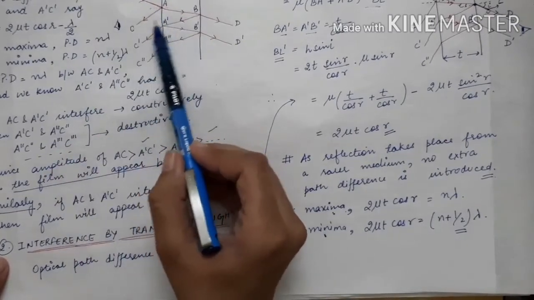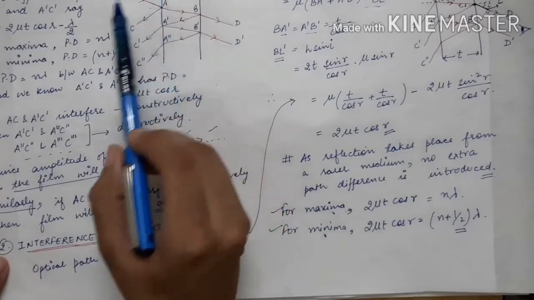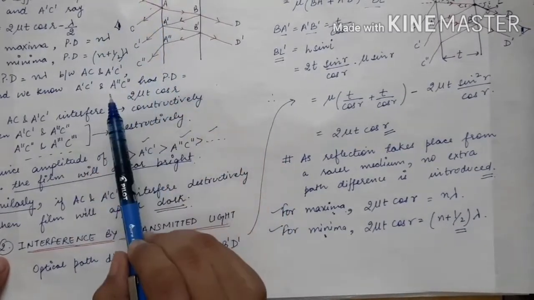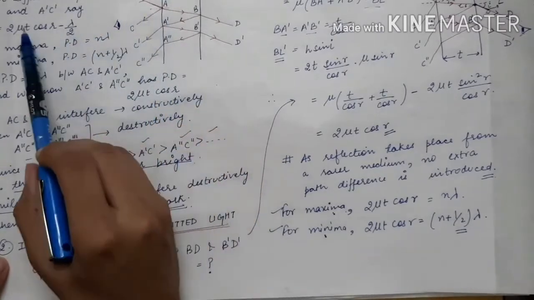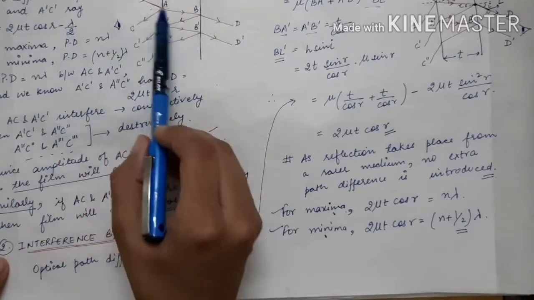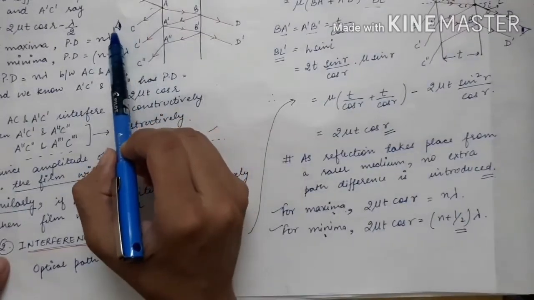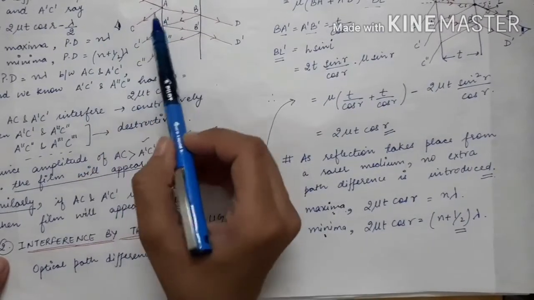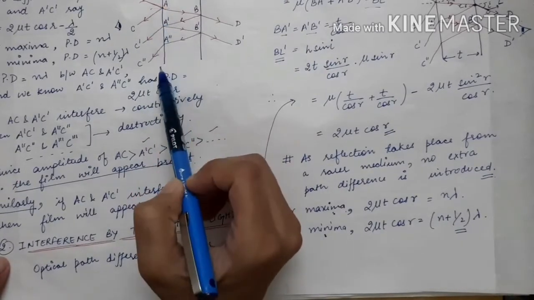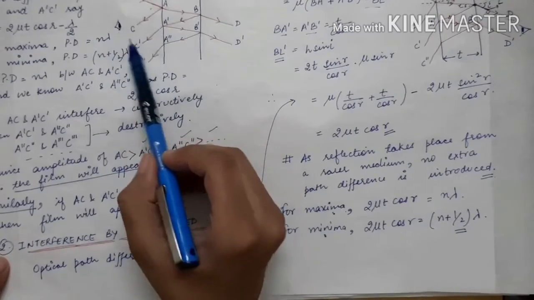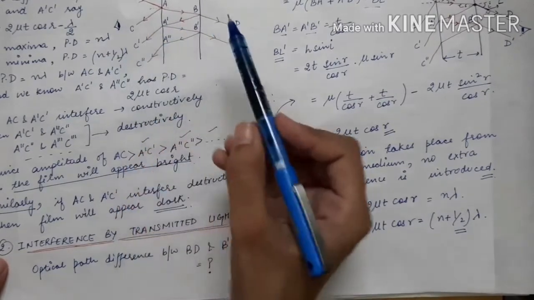So if you shine a particular wavelength of light, let's say the reflected light is interfering constructively and the film from the left hand side appears to be bright. So only a single wavelength lambda of light is shone upon this film, and we are assuming the reflected light interferes constructively.